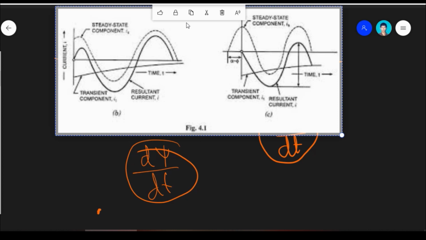That's a different thing, but generally you will get a monotonically decreasing current. So you have to wait till your transient completely dies down. Until your transient dies down, you will never have a pure sine wave across your output terminal.